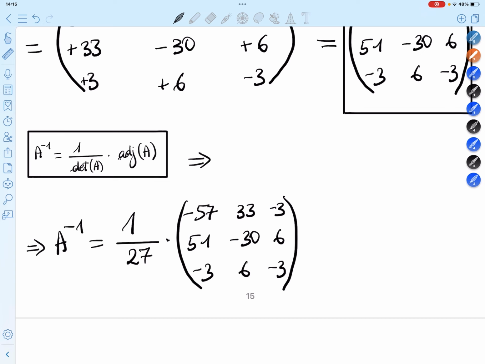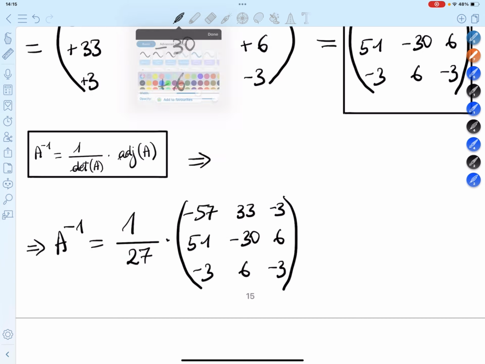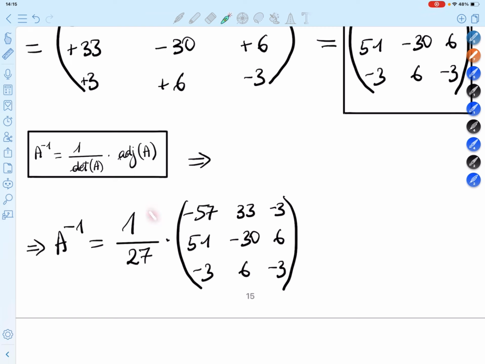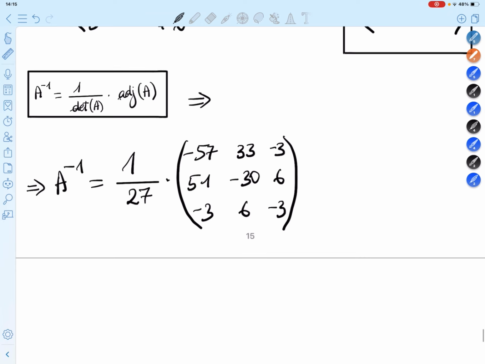Now this is the inverse. Now we need to multiply this one by every number in the matrix.